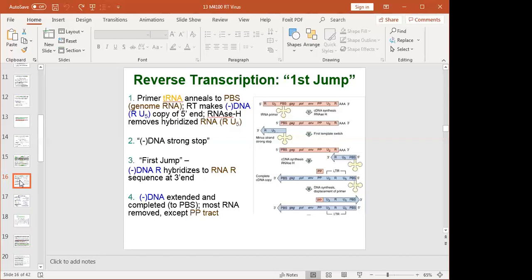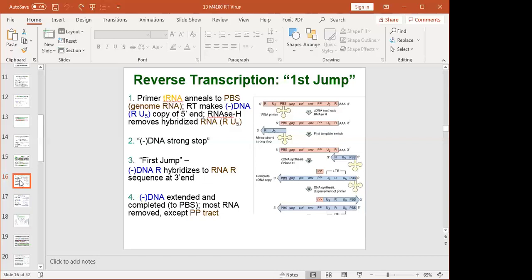We have something called the first jump. So the first jump is where the negative DNA strand that is being made, the R region of that will hybridize to the R region of the RNA at the 3' end.